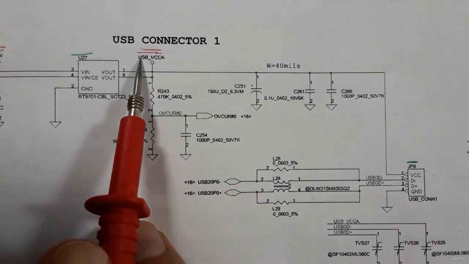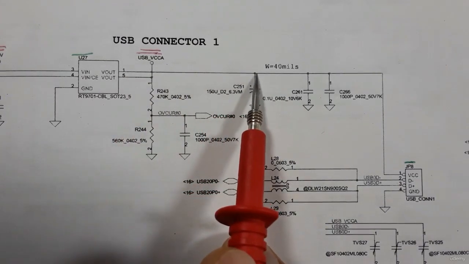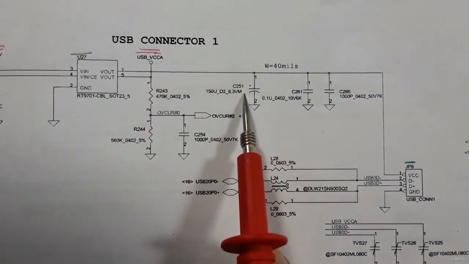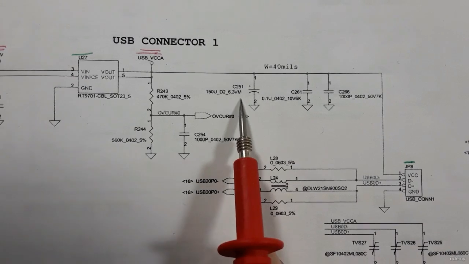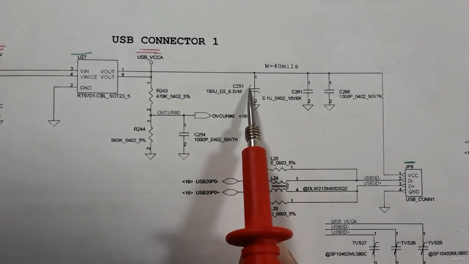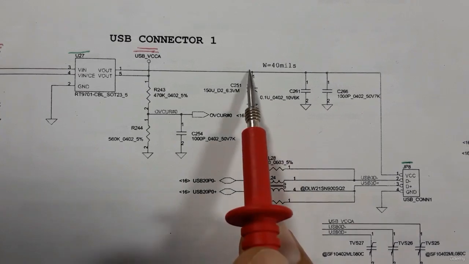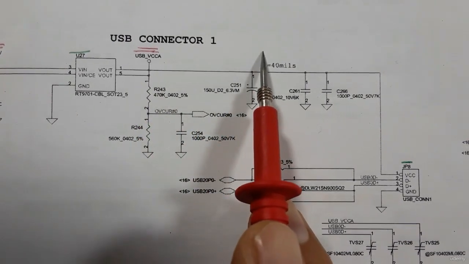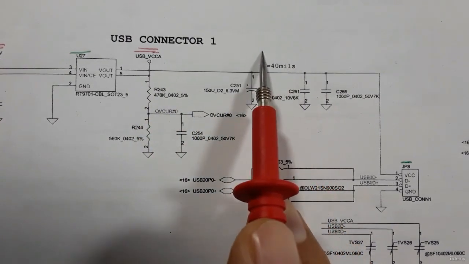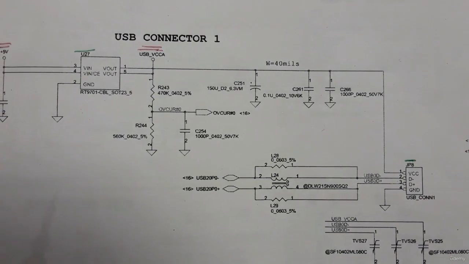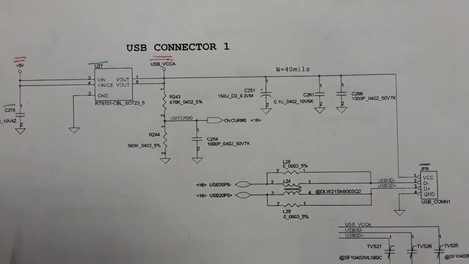This USB VCC, of course, will pass through a chemical capacitor, or polarized capacitor, as you see here we have plus, in order to get a DC or filtered voltage.